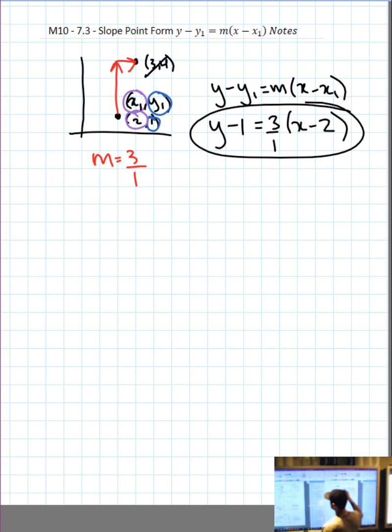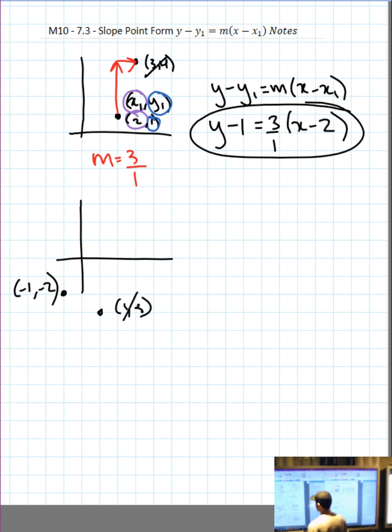Okay, so let's take a look at another example. So down below, let's draw a graph. We have the point (-1, -2), and we have the point (1, -3). We're not using it, so I'm not going to use it. So let's write down the formula. y minus y1 equals m open bracket x minus x1.